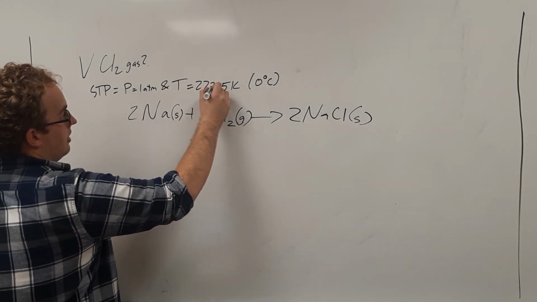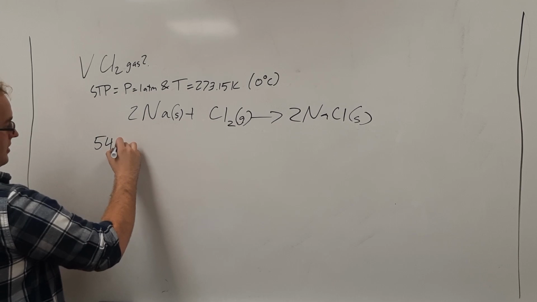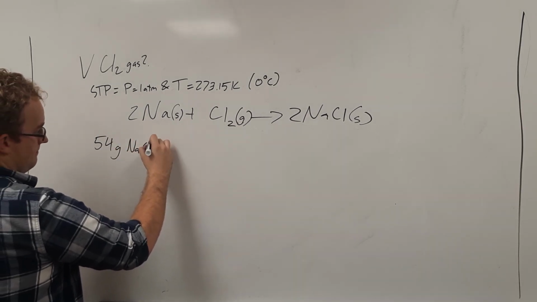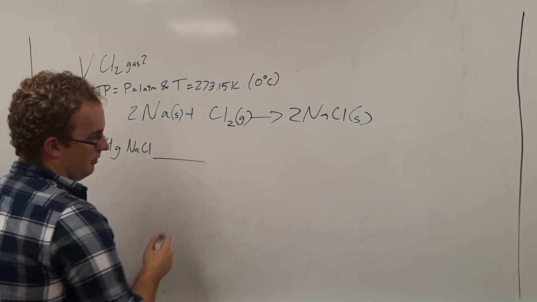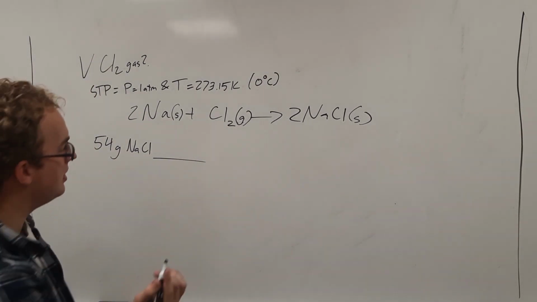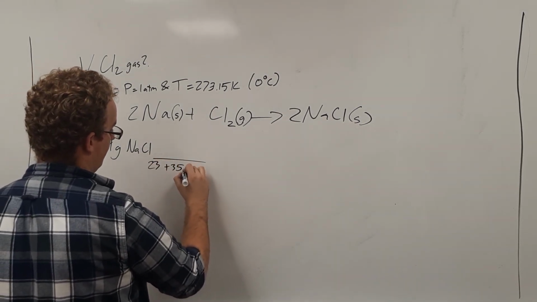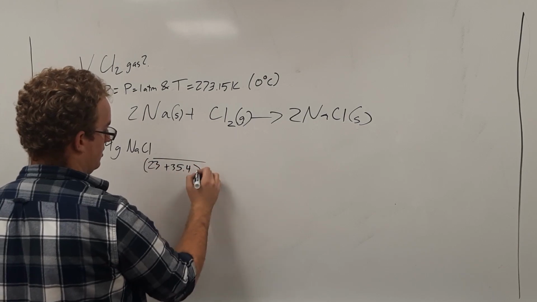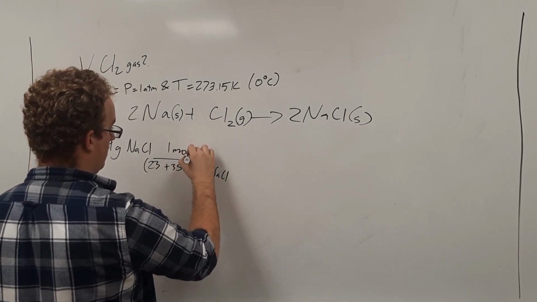Okay, let's say that we wanted to produce 54 grams of sodium chloride. So we convert this to moles using the molar mass, the same one that we used just previously, 23 plus 35.4-ish grams of sodium chloride gives us 1 mole.